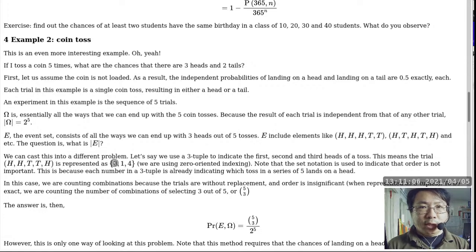That turns out to be index 0, which is this particular head, index 1, which is this particular head, and then index 4, which is this particular head here. So now I can see how we are encoding the same information: head, head, tail, tail, head as a 5 tuple can now be encoded as a set of 0, 1, 4 as elements in the set.